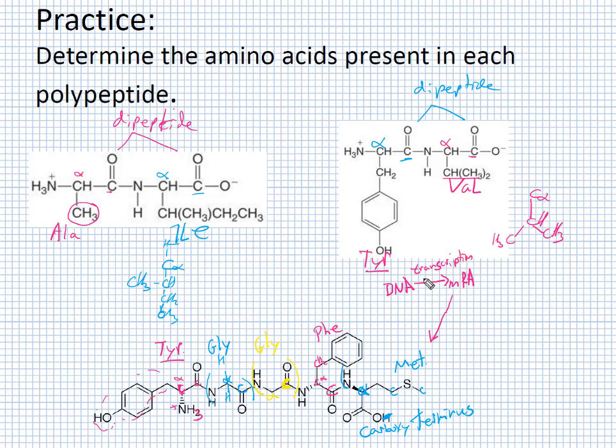Transcription is a process of copying DNA into messenger RNA. Messenger RNA leaves the nucleus, goes into the ribosomes or the rough endoplasmic reticulum. You can read the chapter on DNA if you wish. That's extra credit. I don't cover that in the lecture. But then this messenger RNA is translated, so translation into protein.